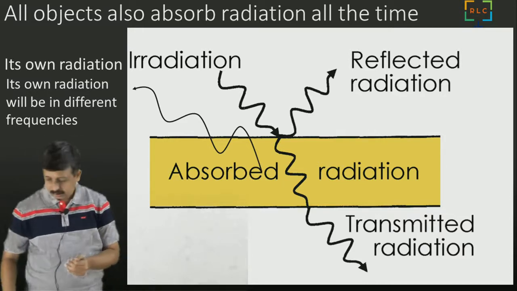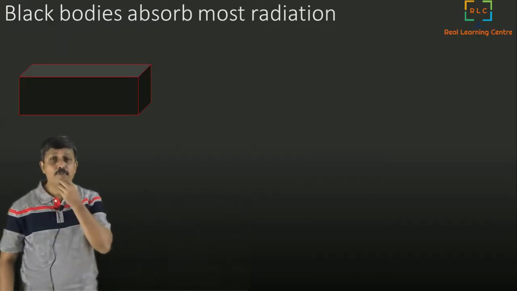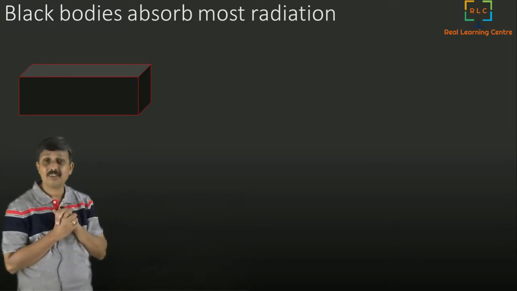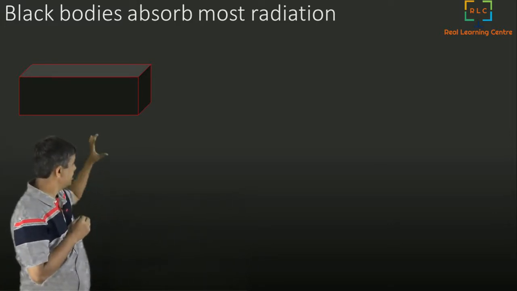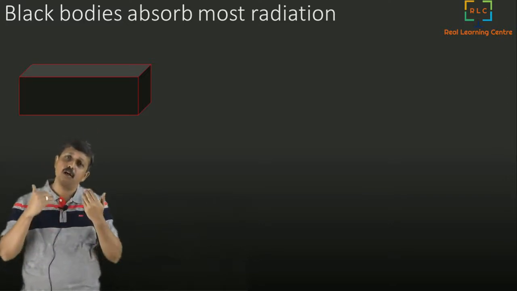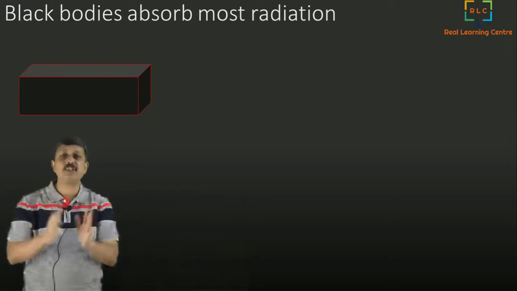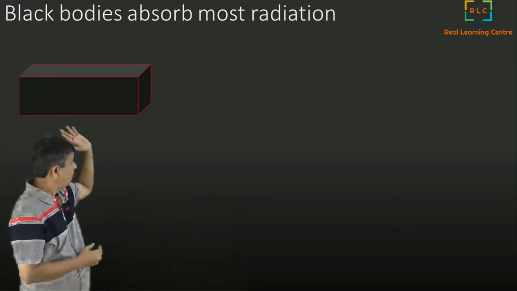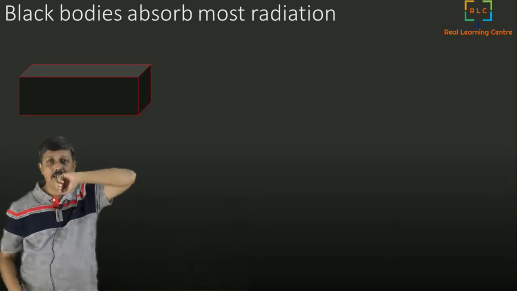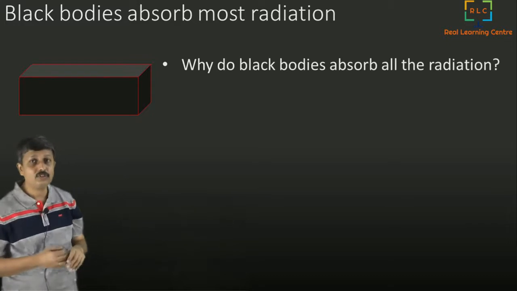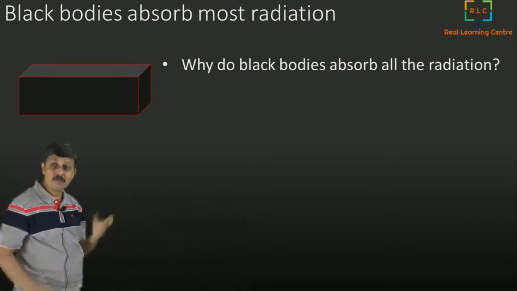Now, what is important is that there are something called black bodies. Black bodies are the ones which are black; they absorb most radiation. Whatever radiation you give to a black body, it absorbs. So why do black bodies absorb all the radiation?